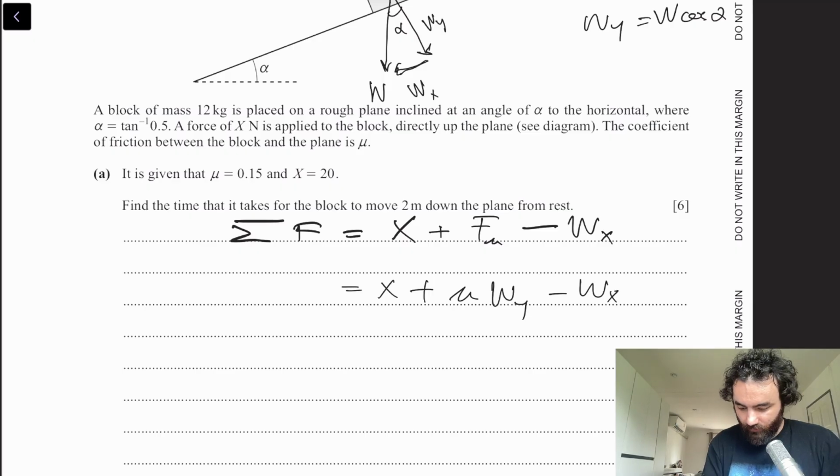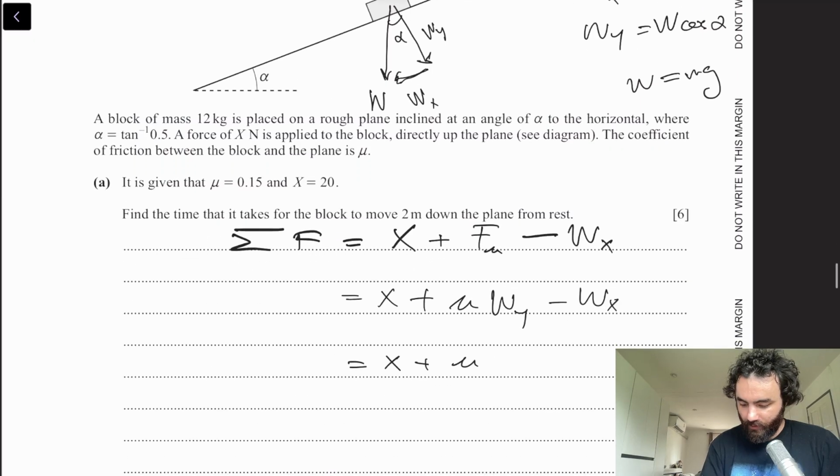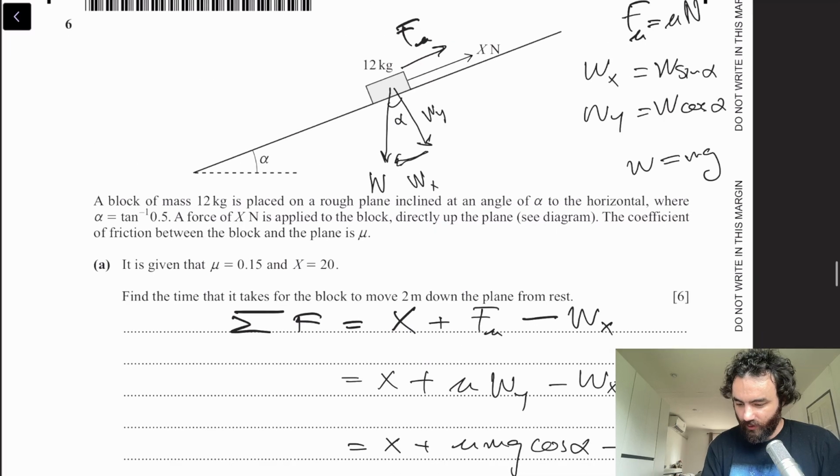Okay, so let's write that out even further. So x plus mu Wy, and W is the weight, so W is equal to mg. So this is mg cos alpha minus mg sine alpha.